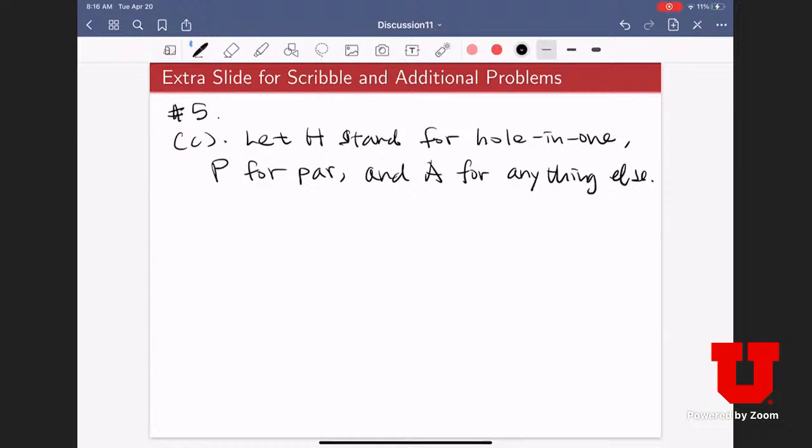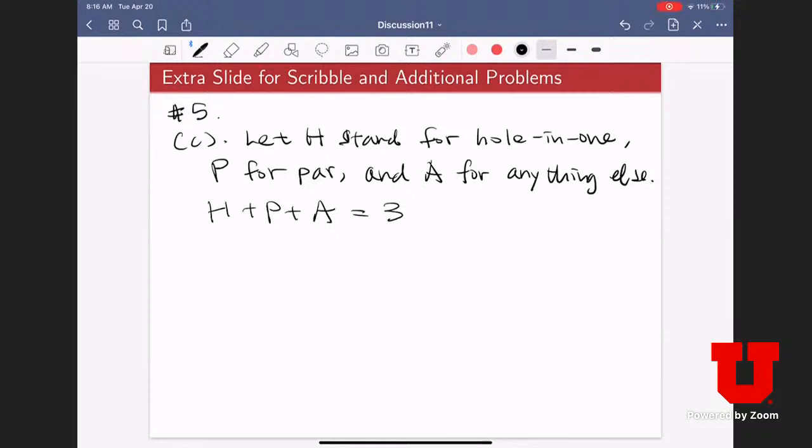Now we'll turn the problem into H plus P plus A equals 3, because you're computing the probability that in 3 holes.